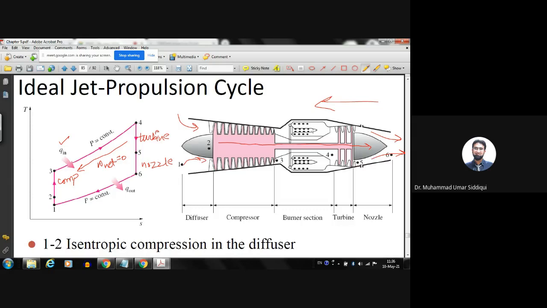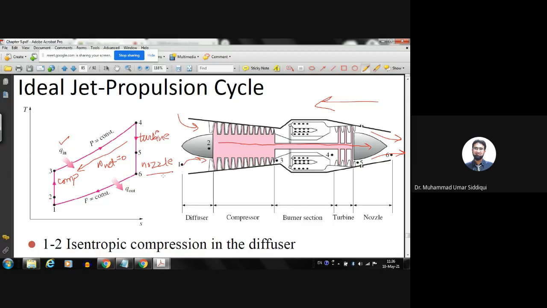So we produce very high pressure and high temperature, and when this gas, after passing through the turbine, enters into the nozzle, that is the key thing here, which produces a very high velocity jet, and this is our objective here.